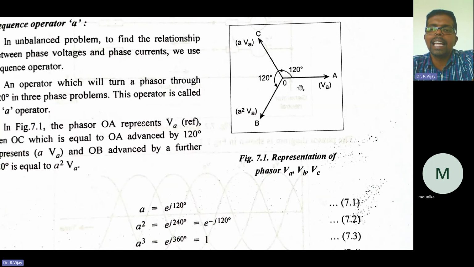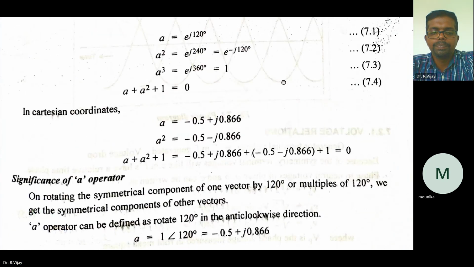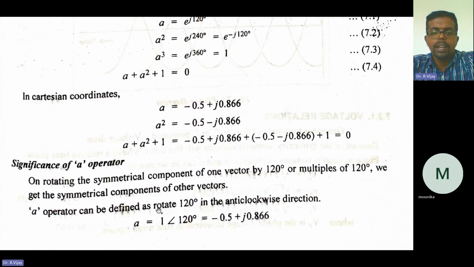If you see this phasor diagram, it is in the anti-clockwise direction; a clock always rotates in the right-hand direction. So A is equal to 1 at an angle of 120 degrees, and if you convert that into complex format, it becomes minus 0.5 plus j 0.866.